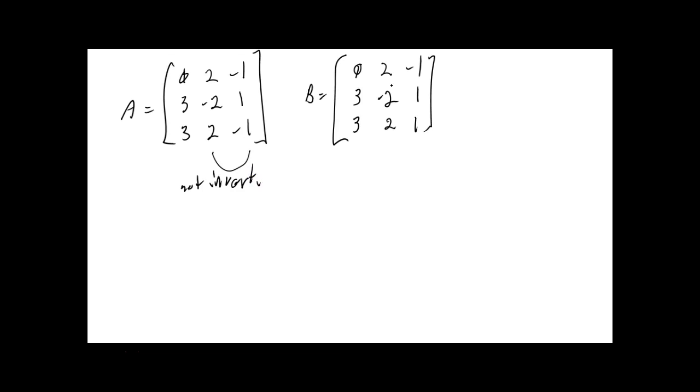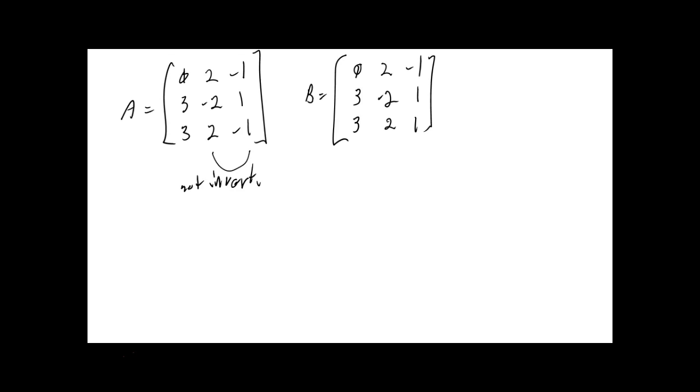Now, looking at matrix B, you can't say for sure whether it's invertible or not, but at least it doesn't have an obvious column or row that's a multiple of another column or row. Now, so you can tell the one is not invertible. It says, can you tell which of the two matrices is invertible? Since A is not, you would have to assume B is, but you can't tell that just by looking at it.